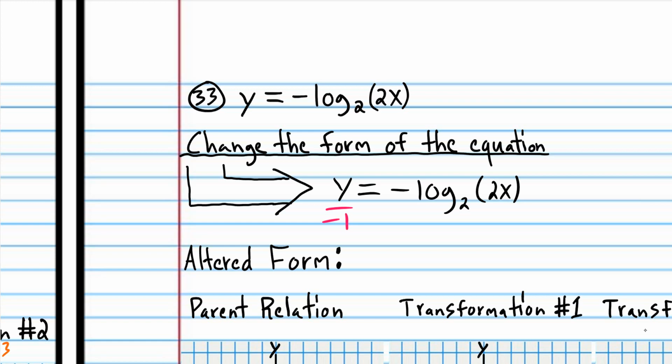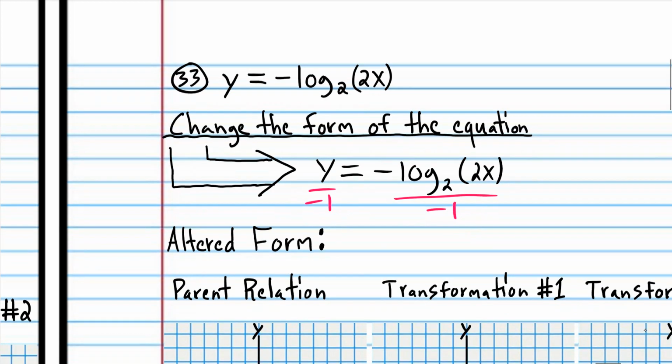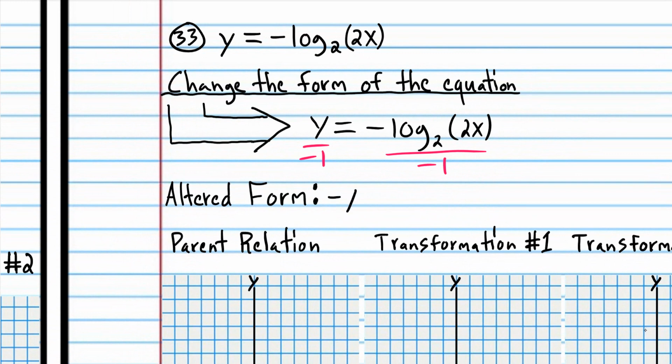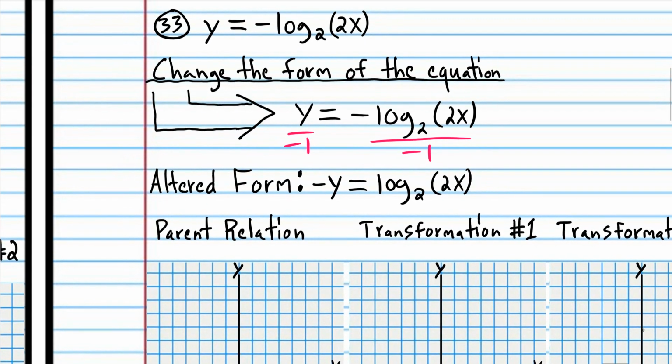That's the opposite of multiplication. So dividing both sides by -1, we're going to get negative y is equal to log base 2 of 2x. Because the division cancels out the multiplication here.